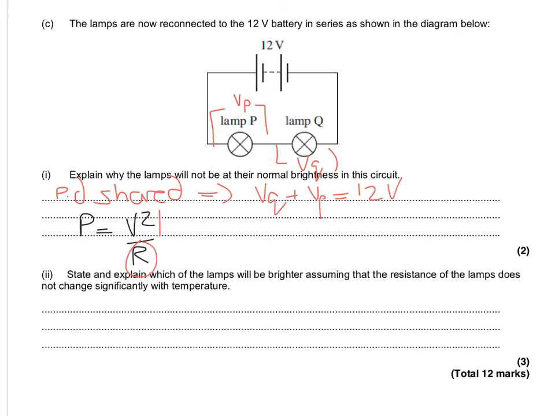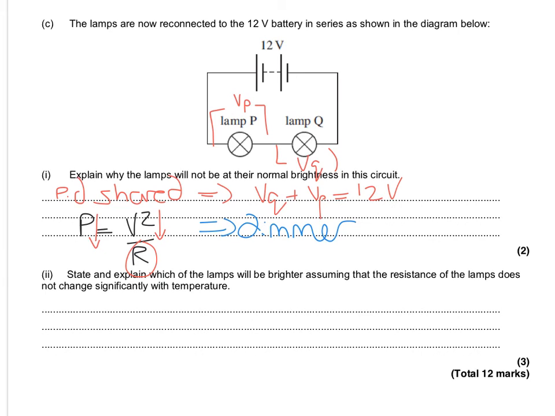But we know the potential difference has now decreased because it's being shared, which must mean the power is going to be shared. So for both of the bulbs, they're going to end up dimmer than before, because they have a reduced power dissipated by that bulb due to the smaller potential difference across them.